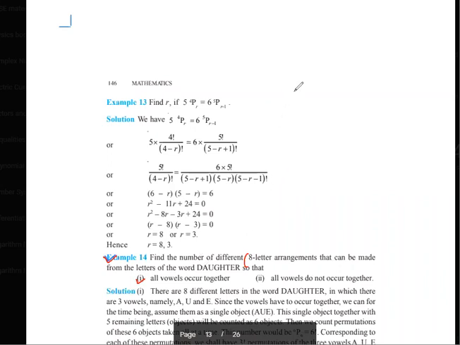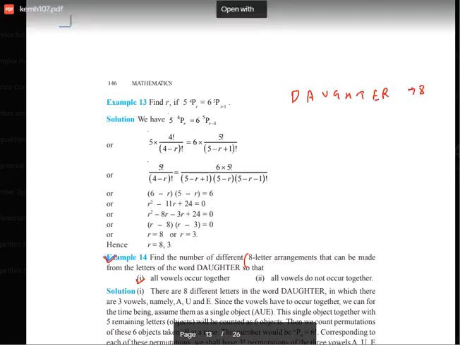You have the word DAUGHTER, which is D A U G H T E R. How many alphabets do we have? 1, 2, 3, 4, 5, 6, 7, 8. Out of these, how many vowels do we have? Yes, very good, 3: A, U, E.